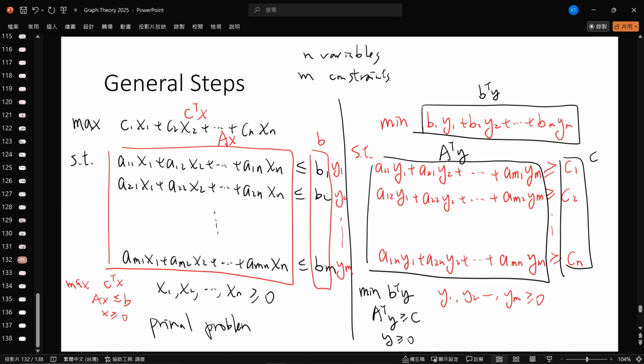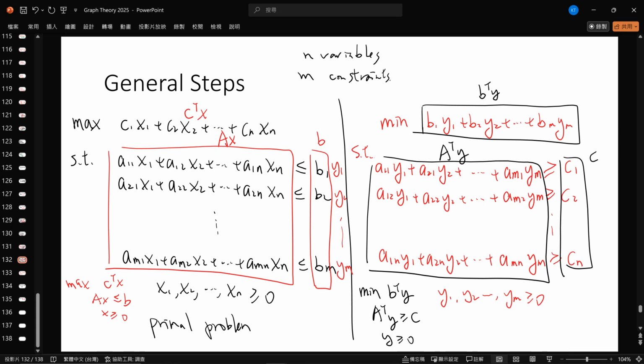Whenever you need to write the dual problem, the easiest step is to write the objective function. You just combine the right-hand side, that is b1, b2, up to bm, with the dual variables.